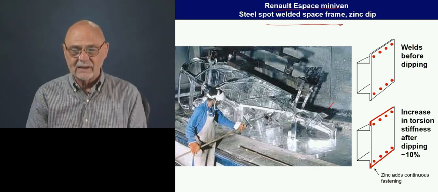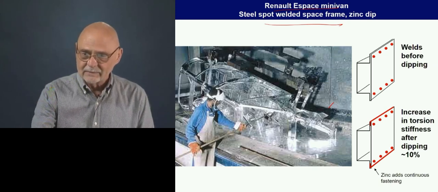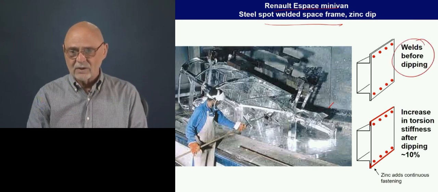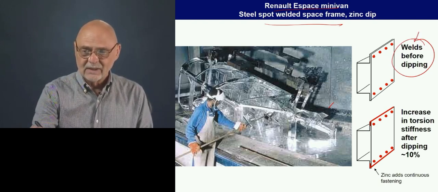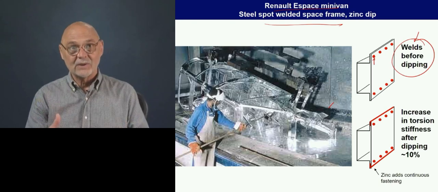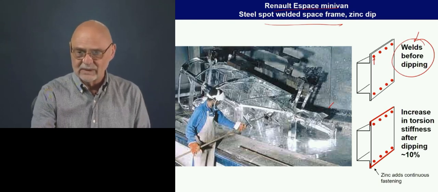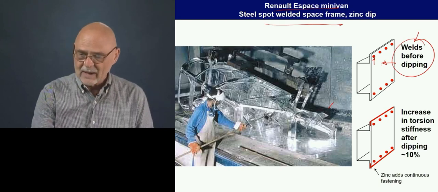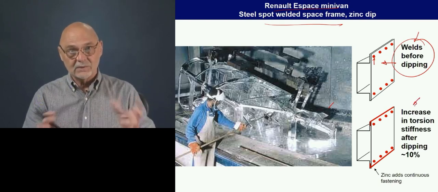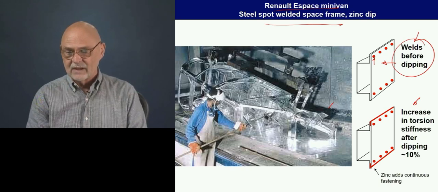So what we did was we got a vehicle before dipping, which had the flexible spot weld phenomena that we talked about, so this would be less than 100% efficient. And then we got a body in white after zinc dipping, and we did some torsion tests on each one of these.